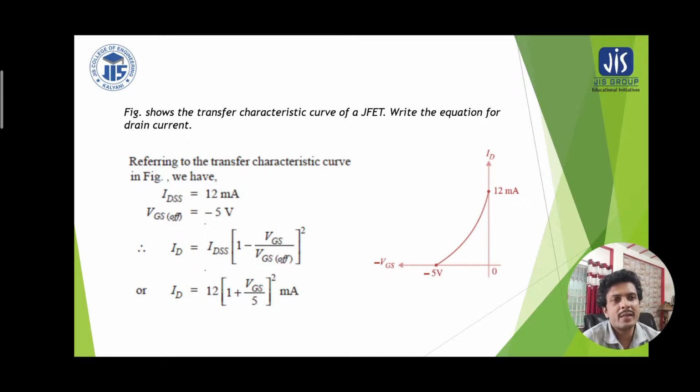We know the equation ID is equal to IDSS into 1 minus VGS by VP whole square. That is, VP stands for VGS off. So if we put the value of IDSS and VGS off, we will easily have the characteristic equation of ID. And that's the equation that has been obtained. That is, ID is equal to 12 into 1 plus VGS by 5 whole square.